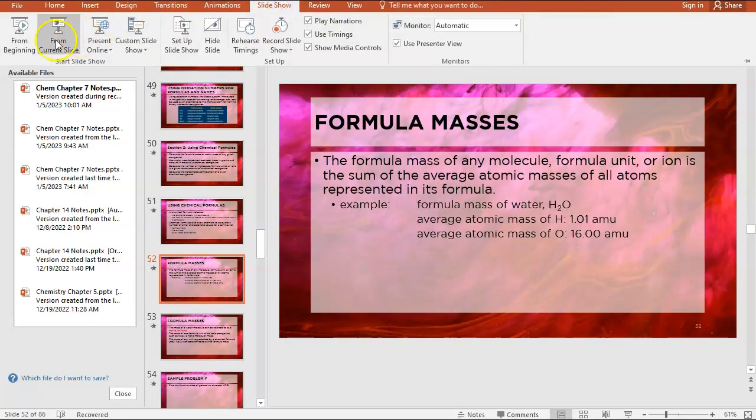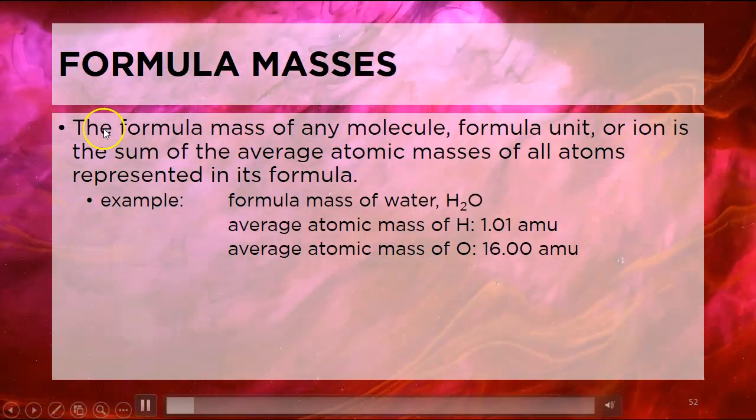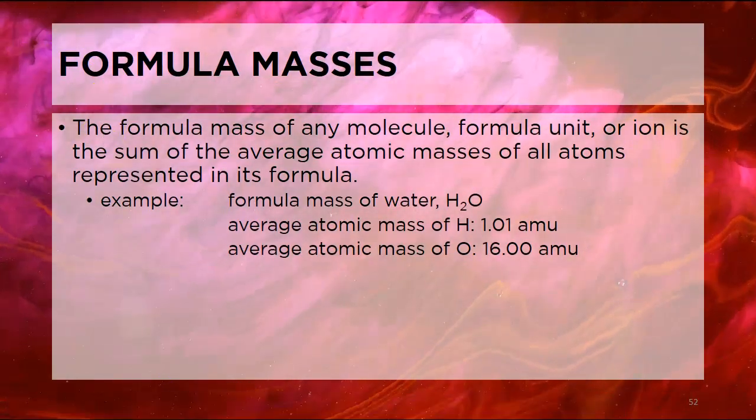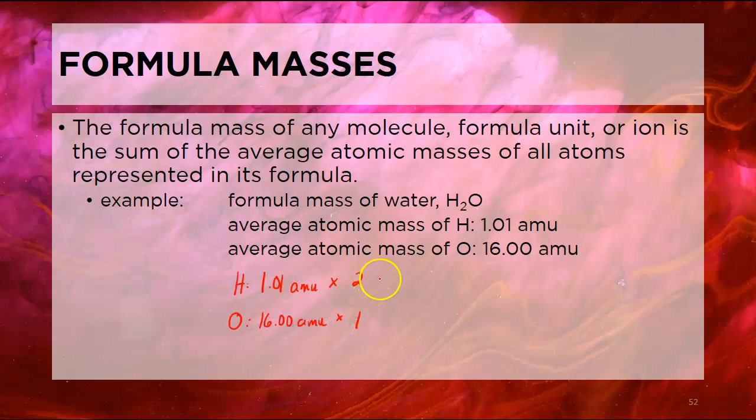So when I put those in my formula here, we know H weighs 1.01 AMU, and there's 2 of them. Oxygen weighs 16.0 AMU, and there's 1 of them.